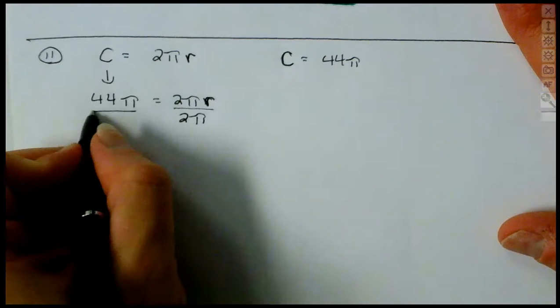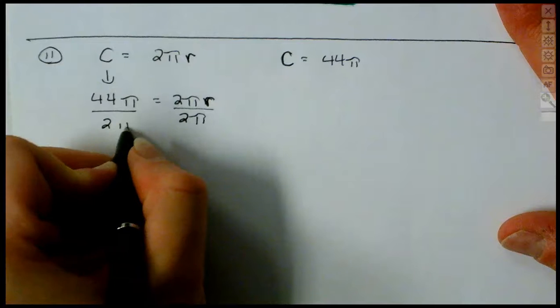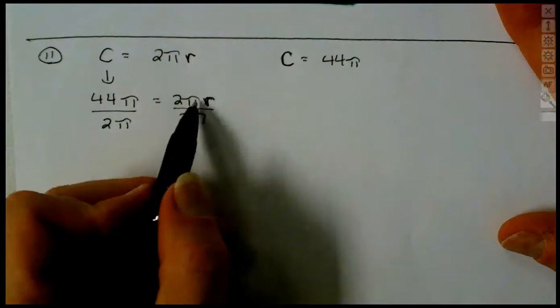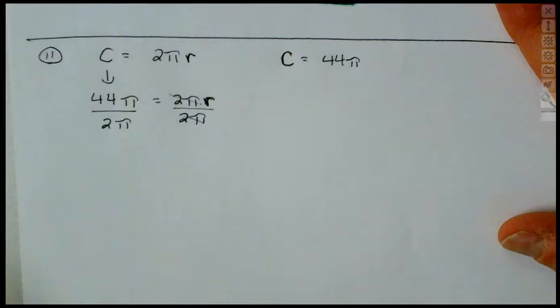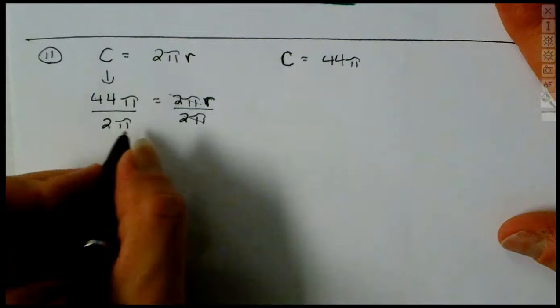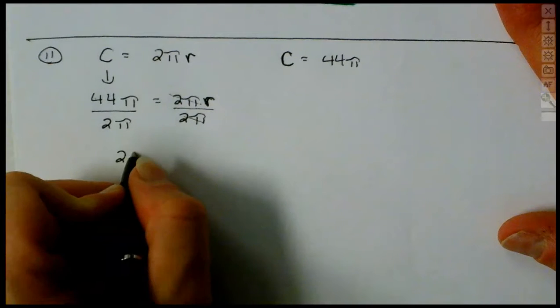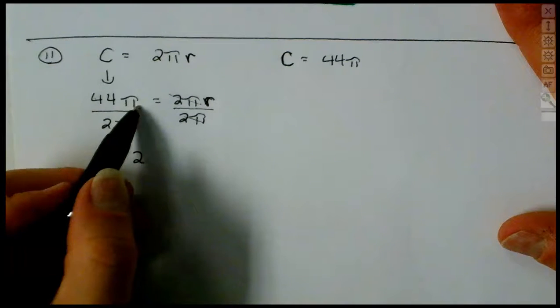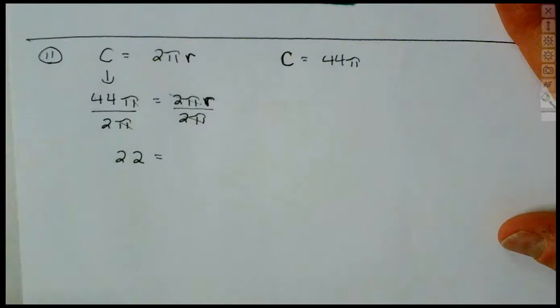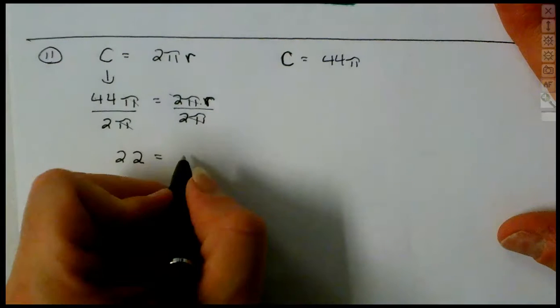So I'm going to go ahead now and divide both sides by that 2 pi. And that's going to clear there and there. And 44 divided by 2 is going to be 22, and the pi's can cancel. And so that gives you 22 equals r.